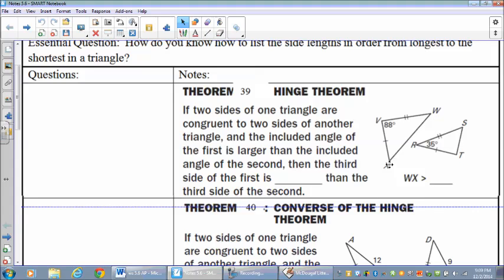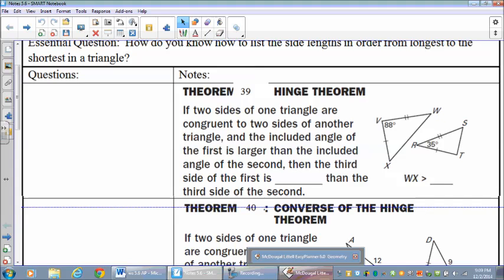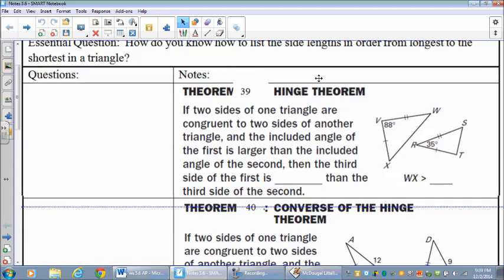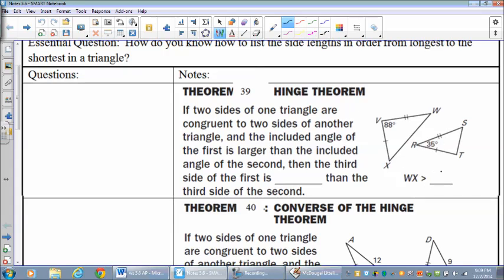So WX will be longer than ST. So here in the blank, I'm going to put ST, and in the blank, longer.